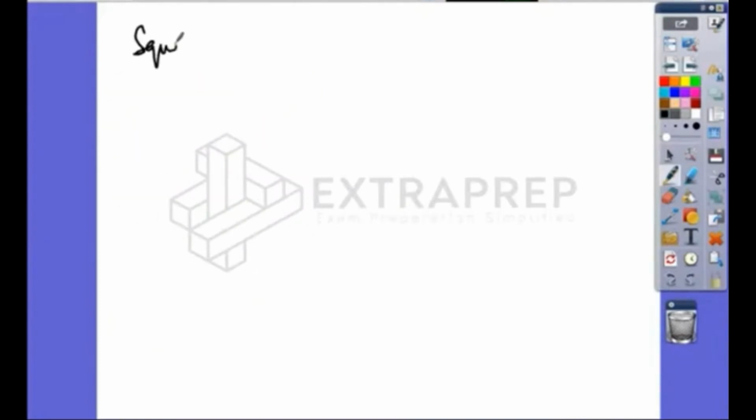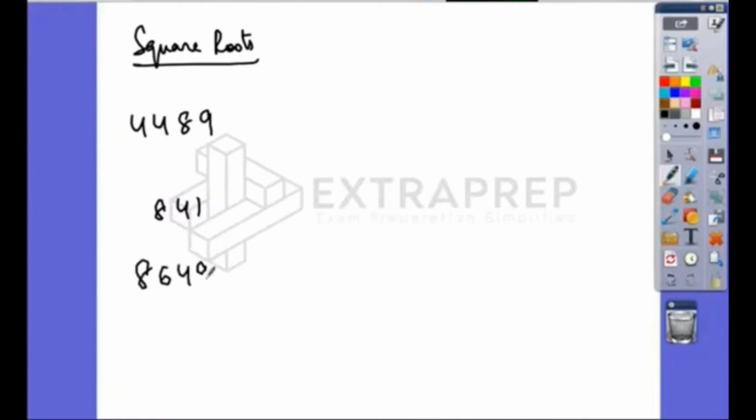Let's learn square roots. Let's take some numbers which are perfect squares. 4489, 841, 8649, 6724.